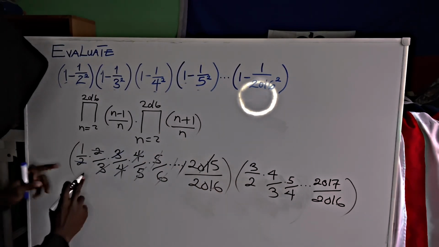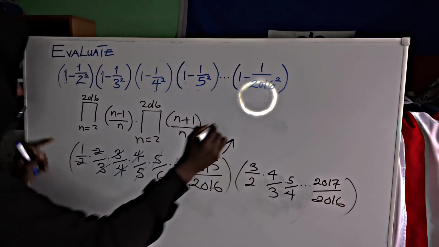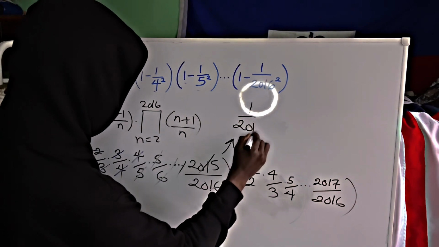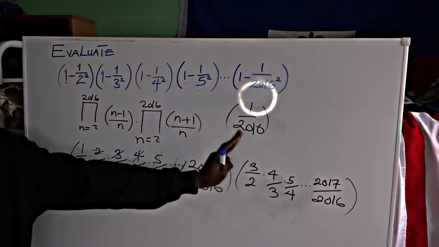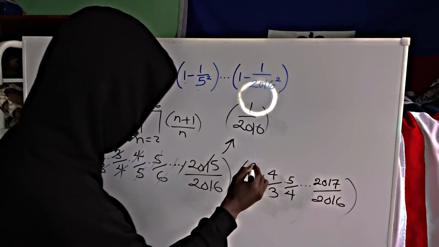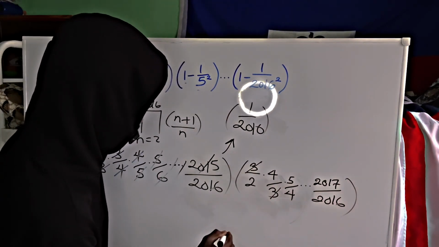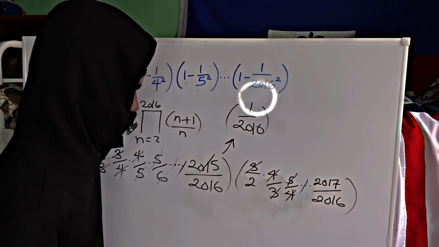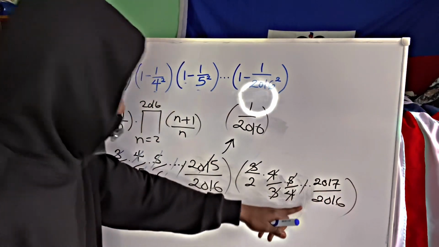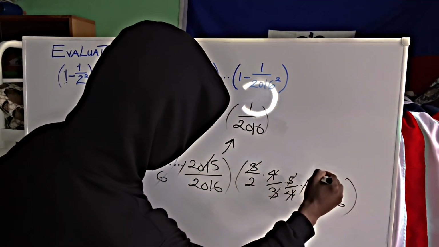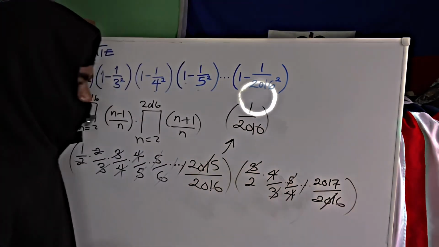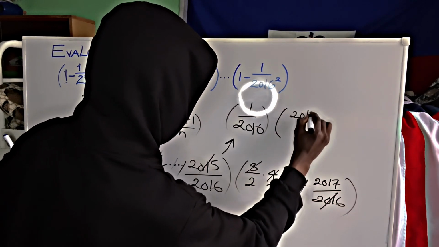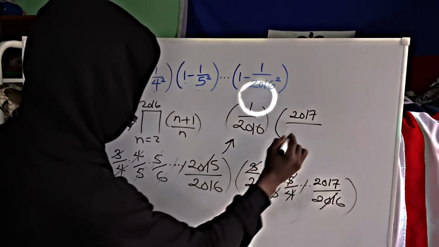So for this side, we're just going to have 1 over 2016. This is our first term, guys. For the second, we notice that 3 cancels 3, 4 cancels 4, this 5 cancels a value here, up to the last term. We'll also notice that there's a 2016 up here that will cancel this 2016. So we'll only have 2017 up, and down we're going to have 2.